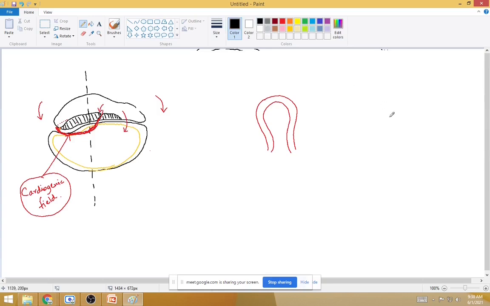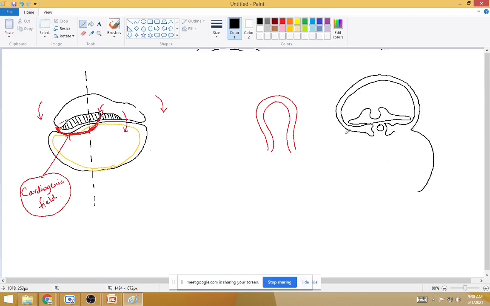If you see it in sagittal section, this is the ectoderm, suppose, this is the mesoderm, so there is the endoderm itself inside.